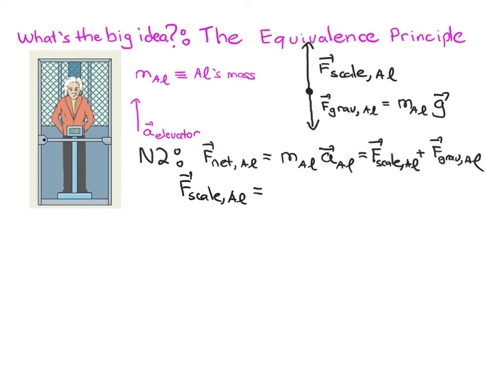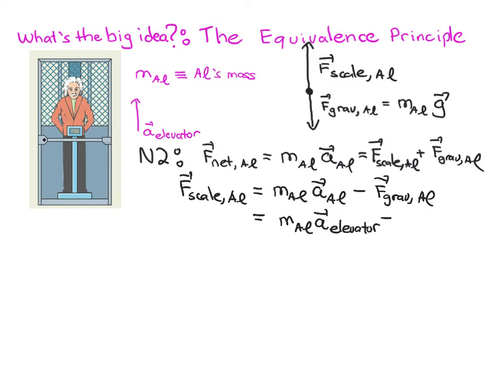And just by rearranging, the force of the scale on Al is equal to the mass of Al times the acceleration of Al minus the force of gravity on Al. And the acceleration of Al, of course, is the same as the acceleration of the elevator.